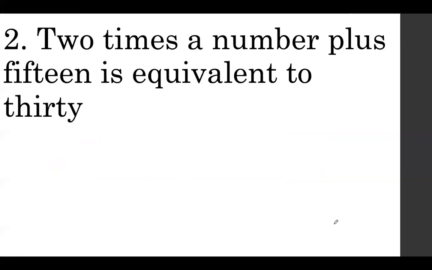Number 2. 2 times a number plus 15 is equivalent to 30. So 2 times a number, so times is referring to multiplication. So 2 times, and anytime you see a number, remember that means variable. So 2 times a number, like 2x, plus 15, is equivalent to.